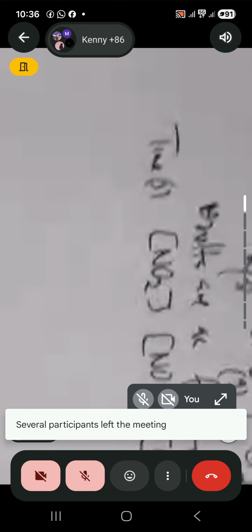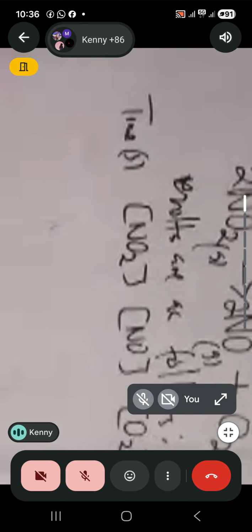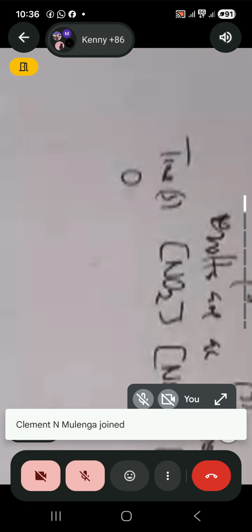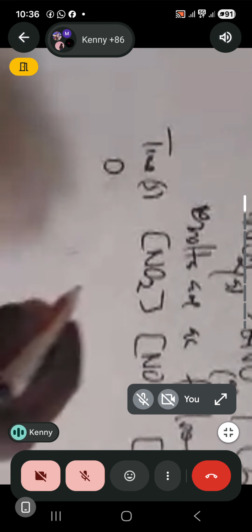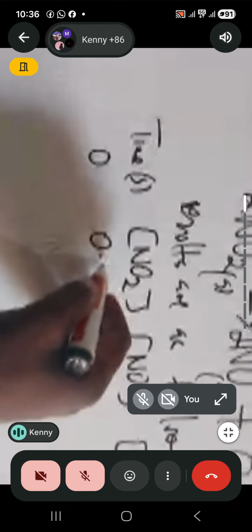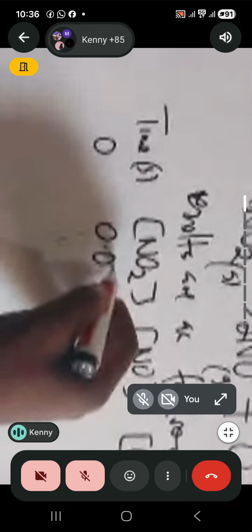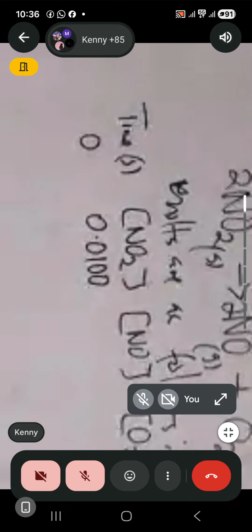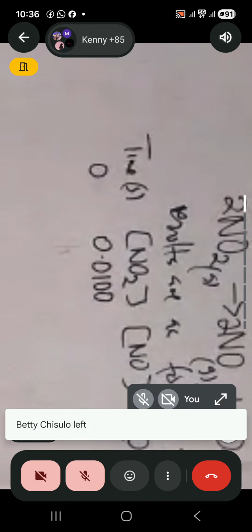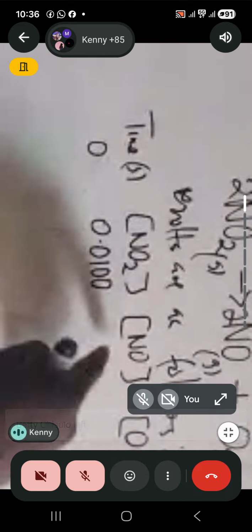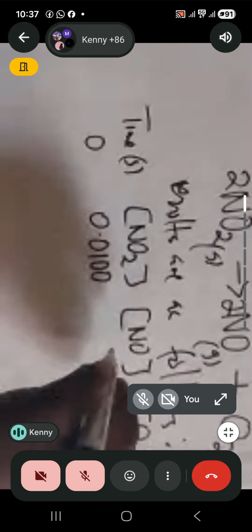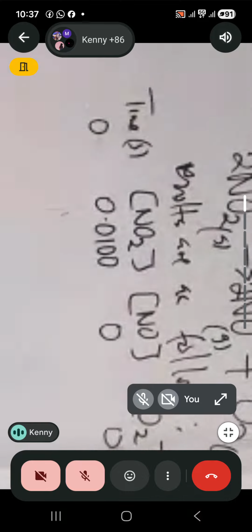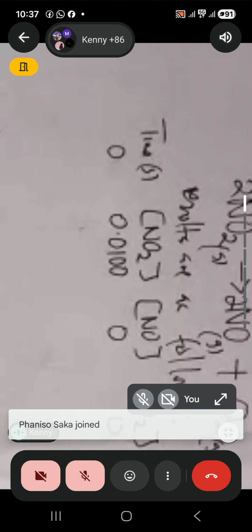At time zero, the concentration of nitrogen dioxide is 0.0100. At time zero the reaction has not yet started, so the concentration of the products is 0.